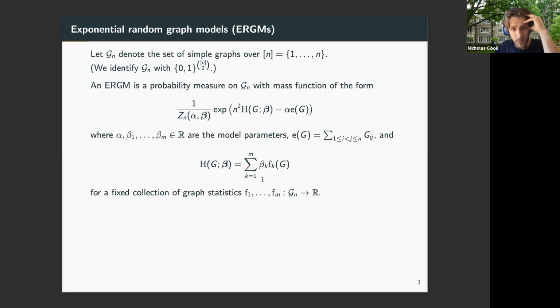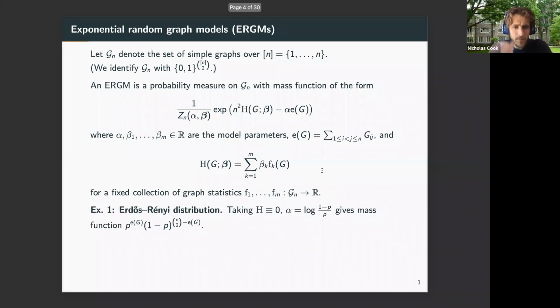So I'll give some examples, but we have some fixed collection. The m is bounded independent of n, so some fixed collection of graph statistics. We have this Hamiltonian that's a combination of these, and then we have a sort of parametric family of distributions of this form.